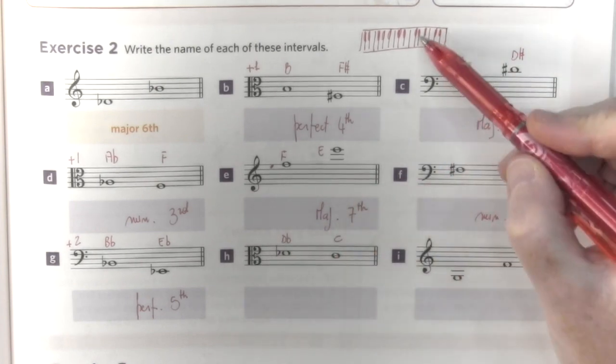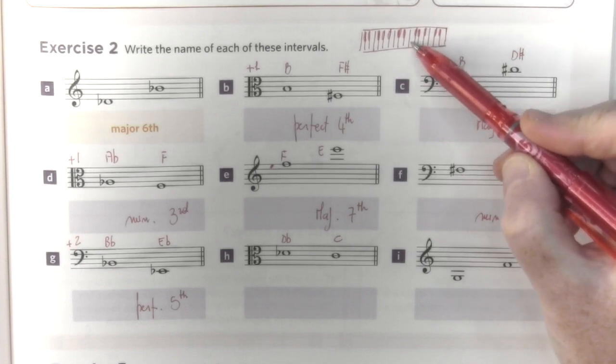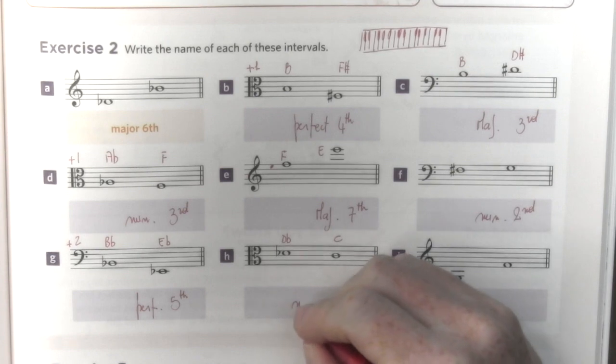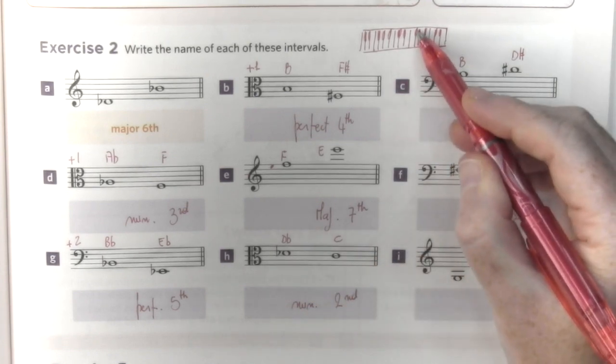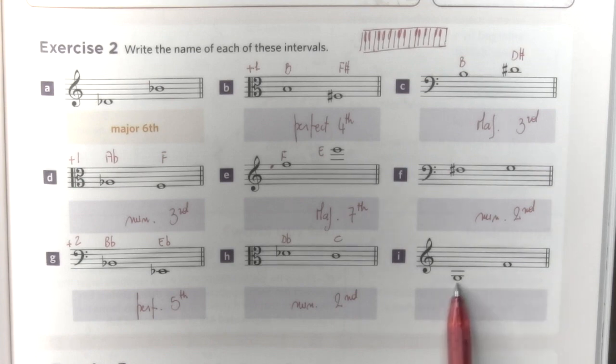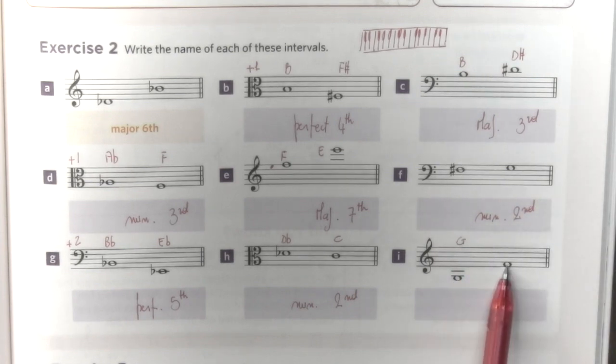Re flat do is a minor second, because it is a semitone. Sol fa, that's a seventh. Okay, we flip it over.